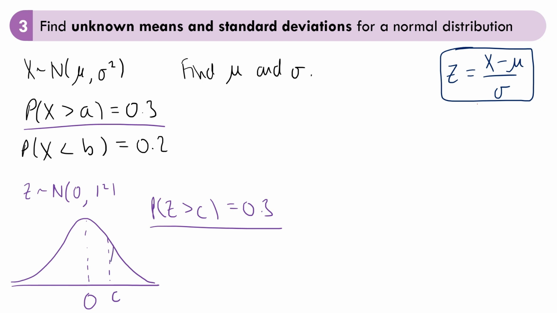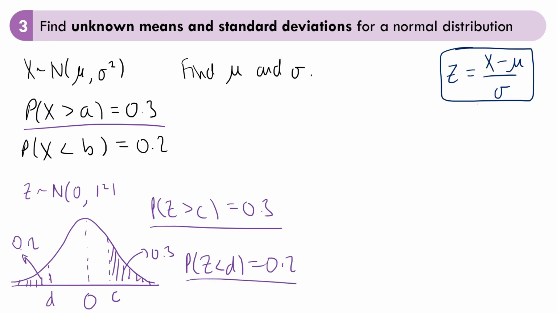So this area here is equal to 0.3. And also we're looking for a value d such that the probability that x is less than d is equal to 0.2. Which corresponds to this equation here.